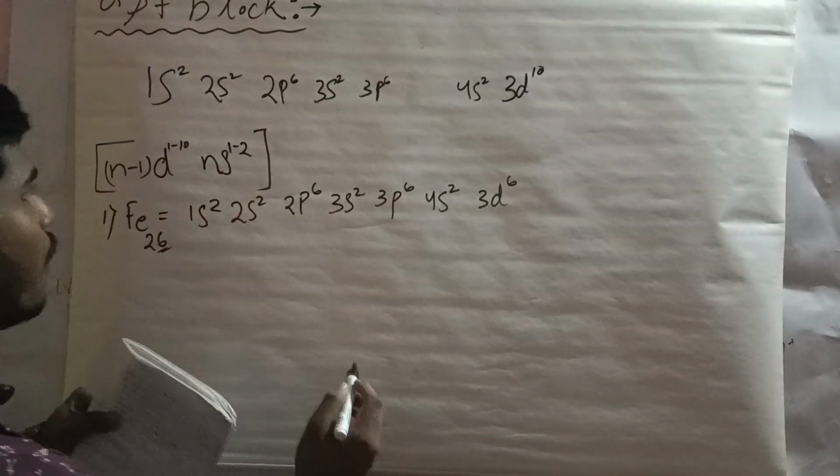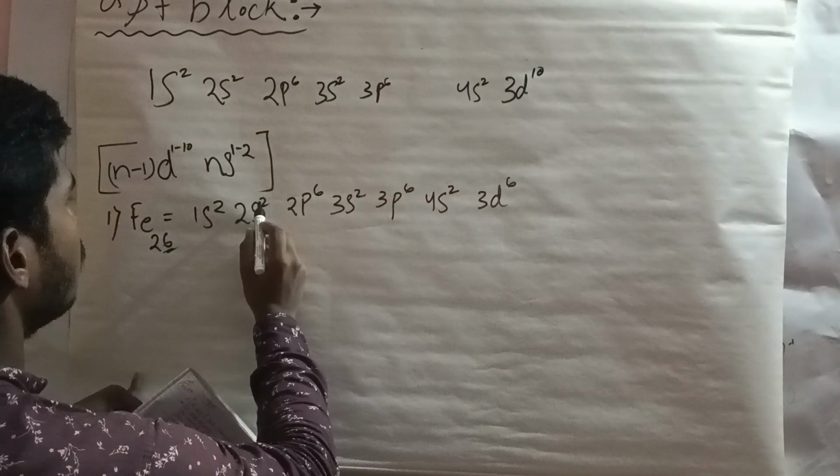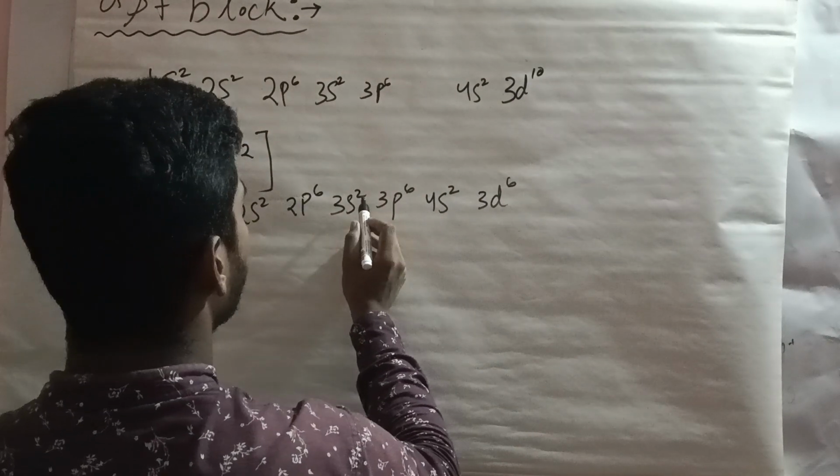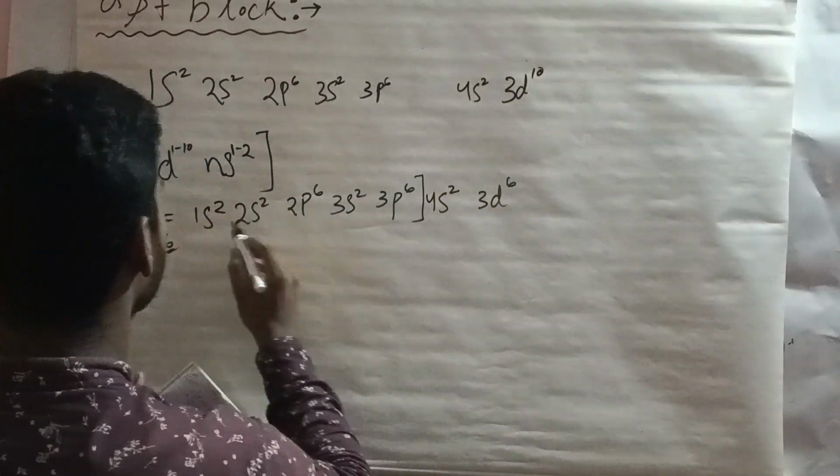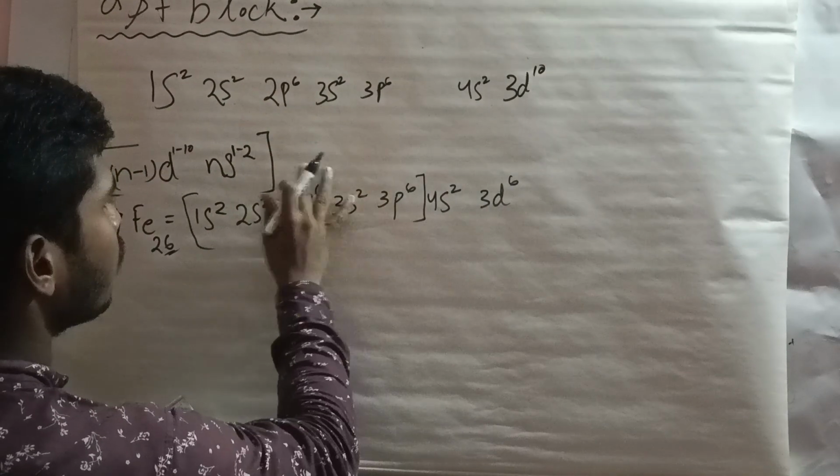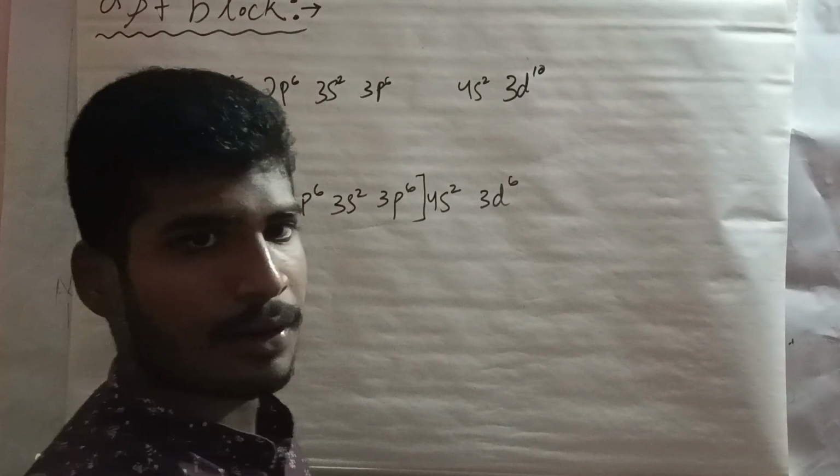Now the first 18 electrons, 2, 4, 10, 12, 18, that part we know is the structure of argon.